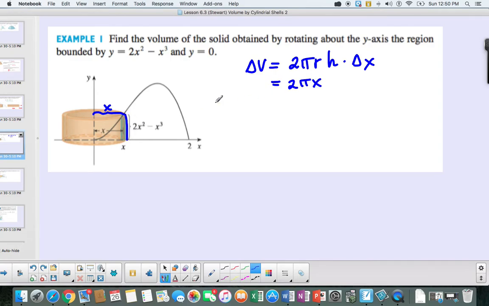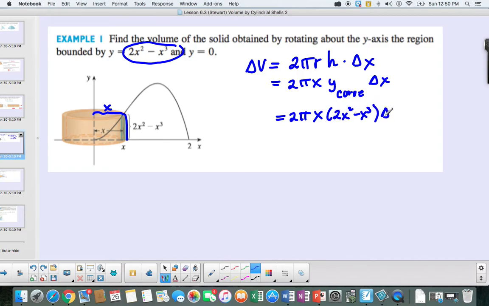And the height is really the y of the curve. Now because delta x is here, we know that's going to be our variable of integration. So I'm going to replace the y of the curve with this. So this will be 2x squared minus x cubed delta x.